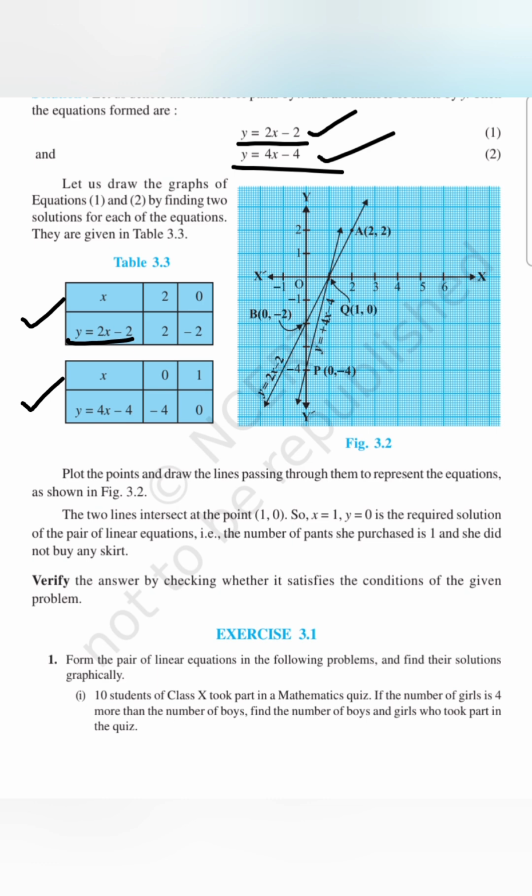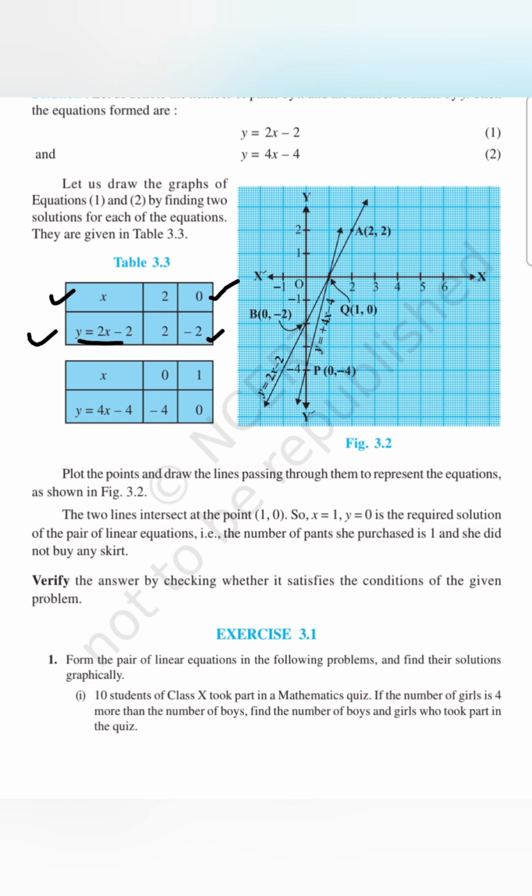But here the equations are in the form of y is equal to, so just draw the table with the first row as x value and the second row as y value, with this equation y is equal to 2x minus 2, and substitute different values for x and find the values for y.